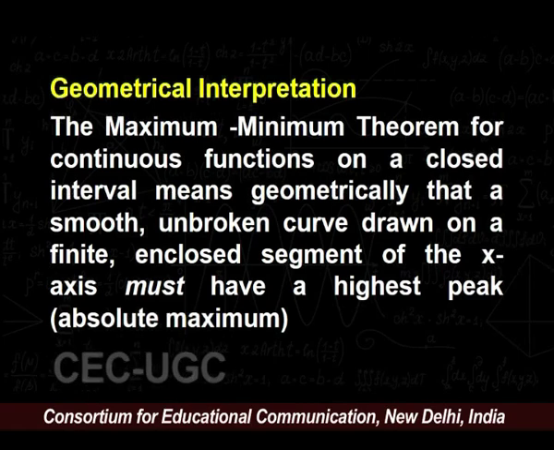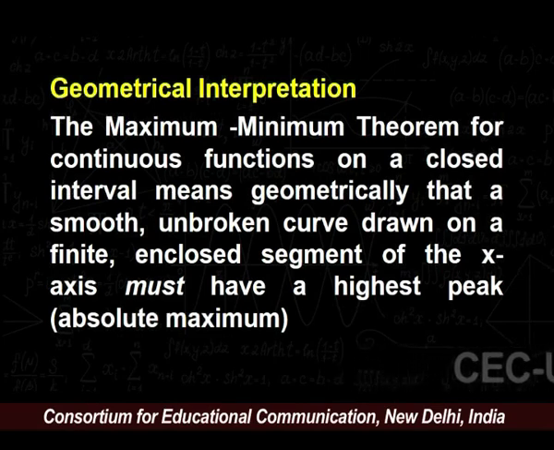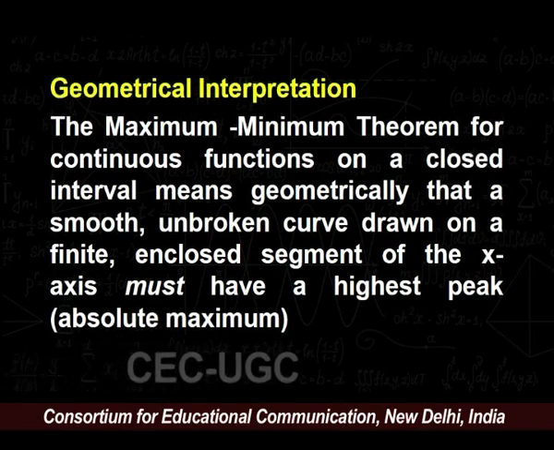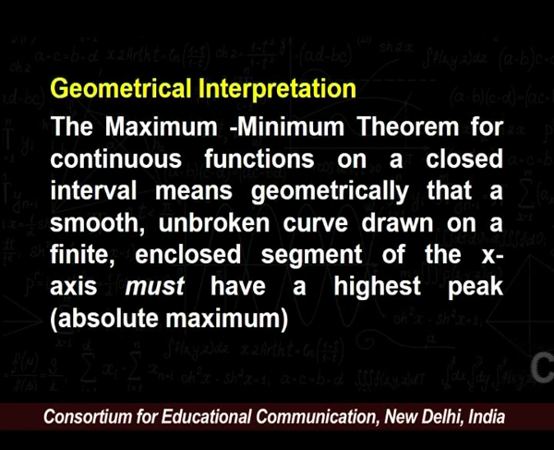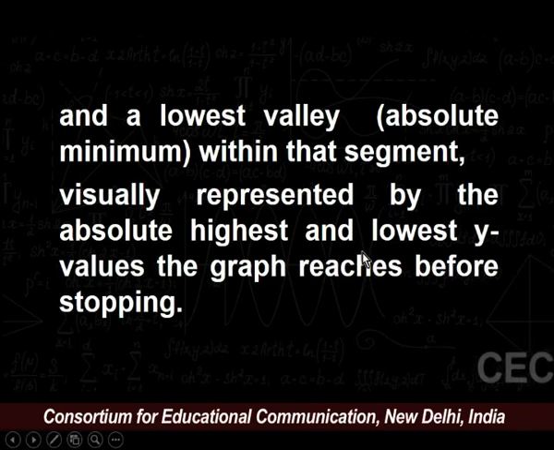The geometrical interpretation for the maximum and minimum theorem. The maximum-minimum theorem for continuous functions on a closed interval means geometrically that a smooth, unbroken curve drawn on a finite enclosed segment of the x-axis must have a highest peak, that means the absolute maximum, and a lowest valley, that means the absolute minimum, within that segment, visually represented by the absolute highest and lowest y values the graph reaches.